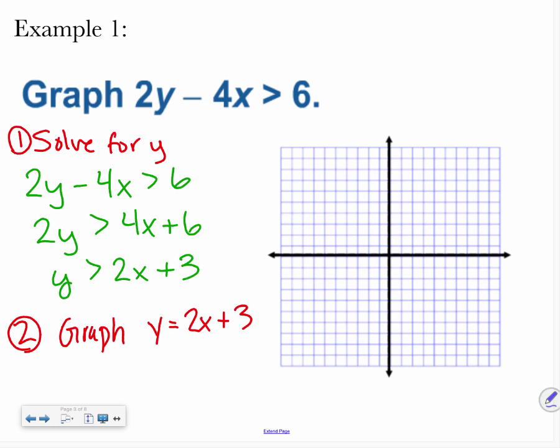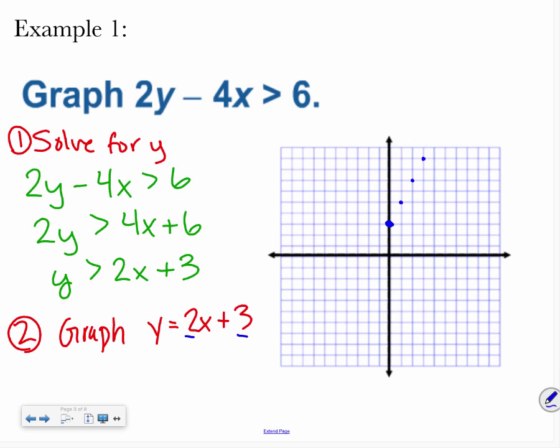So if we were to graph this line y equals 2x plus 3, that's slope-intercept form. So that means 2 is my slope, 3 is my intercept. So 3 is my y-intercept, that means it crosses the y-axis at 3, and my slope is 2. Slope is rise over run, so that means I'm going to go up 2 over 1, up 2 over 1, up 2 over 1.